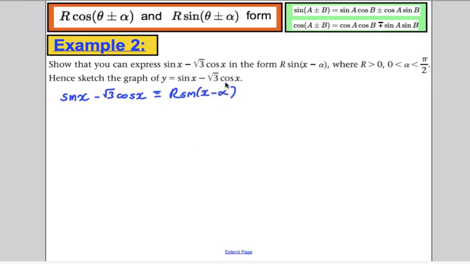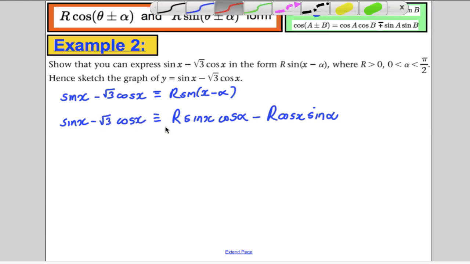Step 2, I said expand the right hand side. Using the minus version, the negative version, this is equal to r sine x cos alpha subtract r cos x sine alpha. And we know that's sine x minus root 3 cos x.